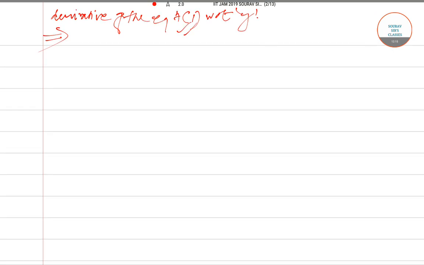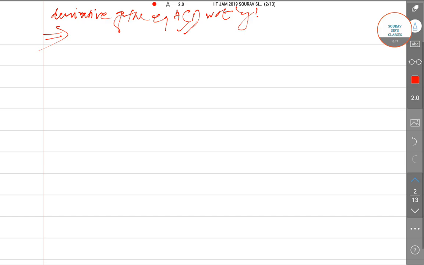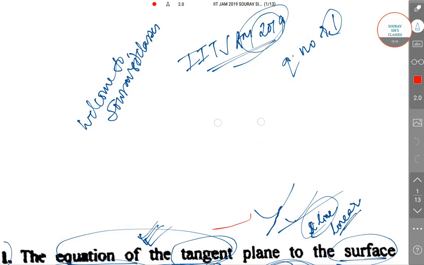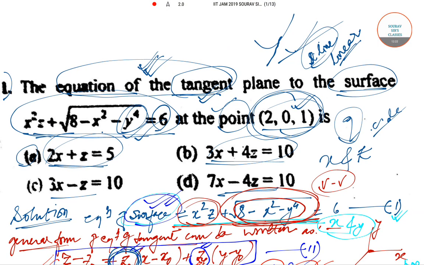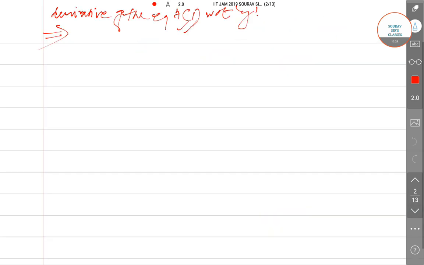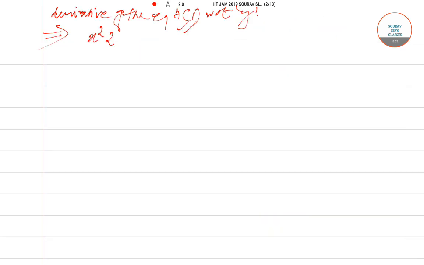Let us go to the previous page and find the equation of the surface. The surface equation was x square z plus root under 8 minus x square minus y to the power 4 equal to 6.